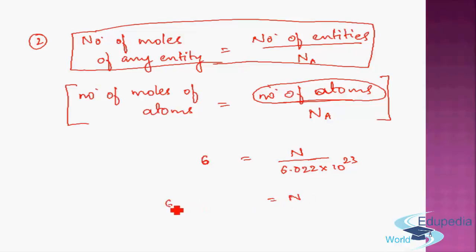So your answer will be N is equal to 6 times Na, or 6 times 6.022 into 10 to the power 23. So this is how you can calculate number of atoms or number of any entities if you have the moles of that entity. Just memorize this formula.